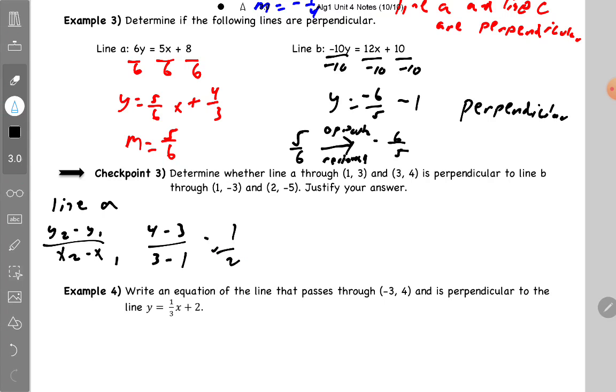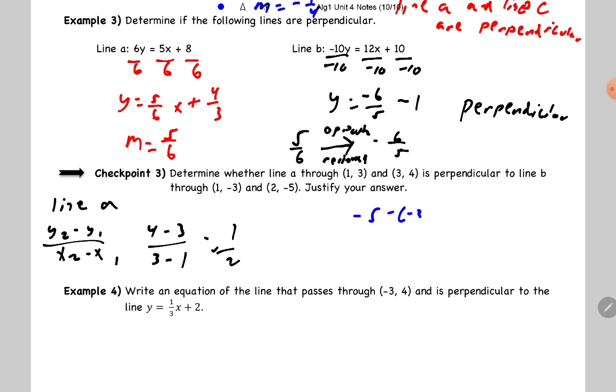Okay, line B. Negative 5 minus negative 3 over 2 minus 1, which is negative 5 plus 3 over 2 minus 1 is 1, which is negative 2 over 1, which is negative 2.